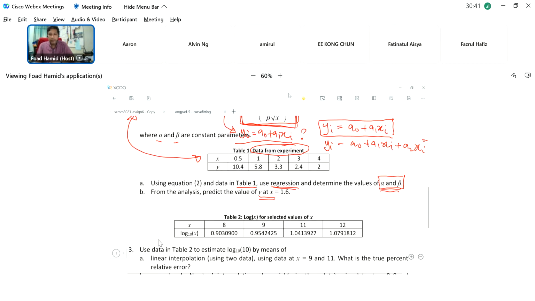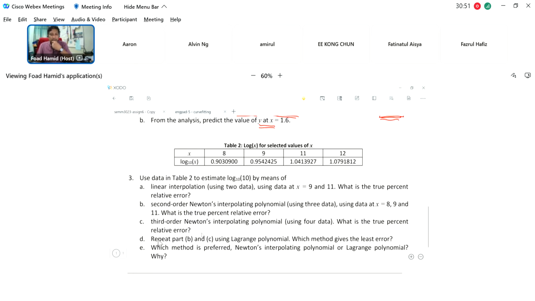Okay, so now let's move to question number 3. Note that in this question, this is our x value, 8, 9, 11, and 12.